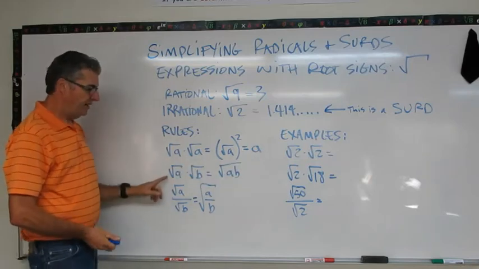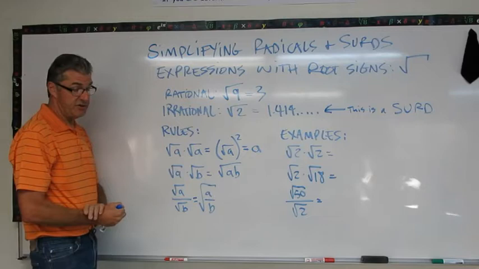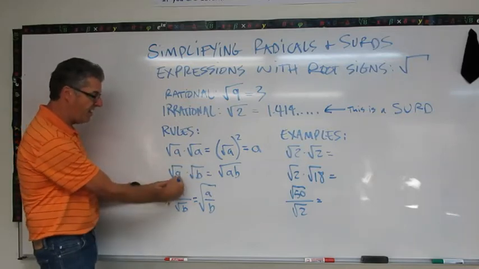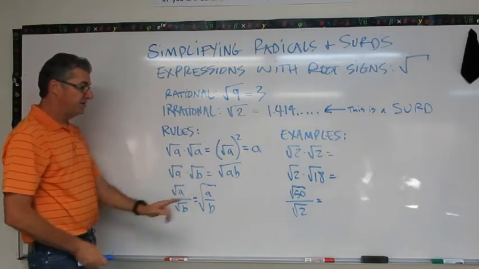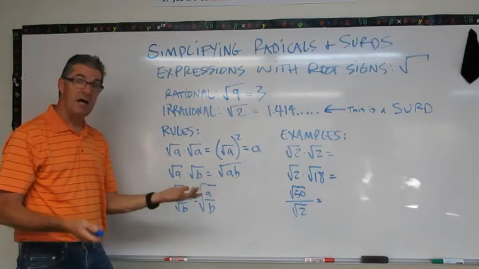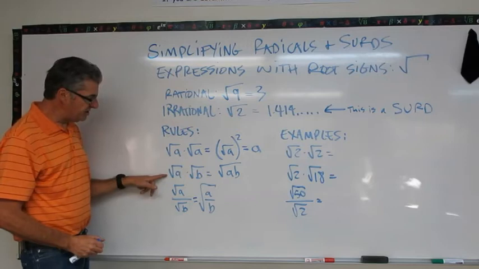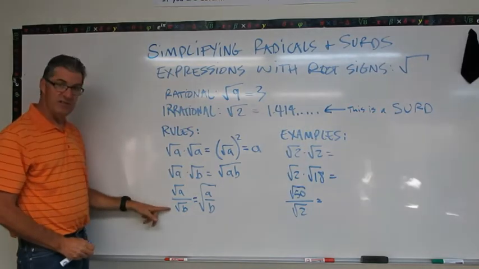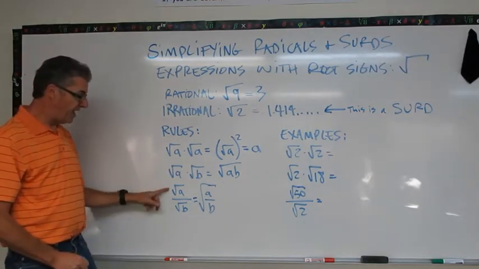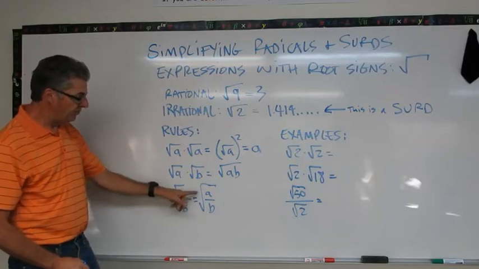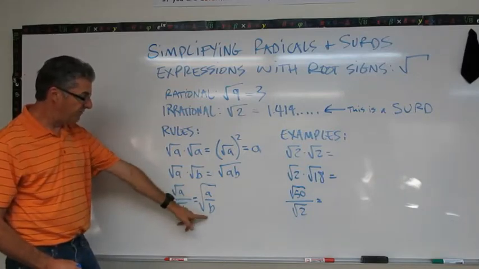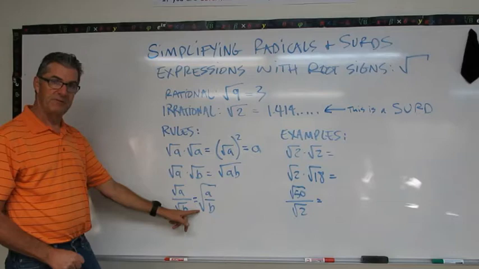Now, if I have 2 different things under the root sign, root a times root b, this is just going to be the root of a times b. That's pretty straightforward. The last one is just like the times, except this is division, a quotient. If I have root a over root b, then we can put the root over both of those, put the fraction underneath the root sign.